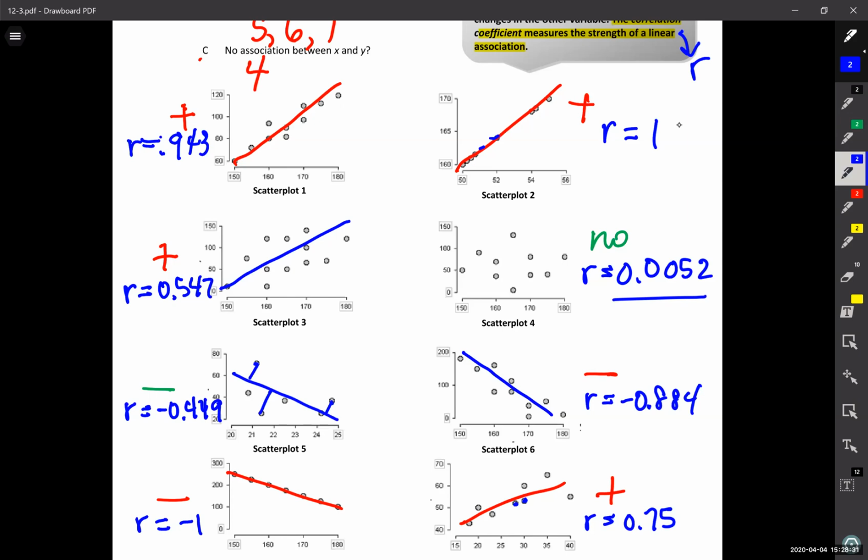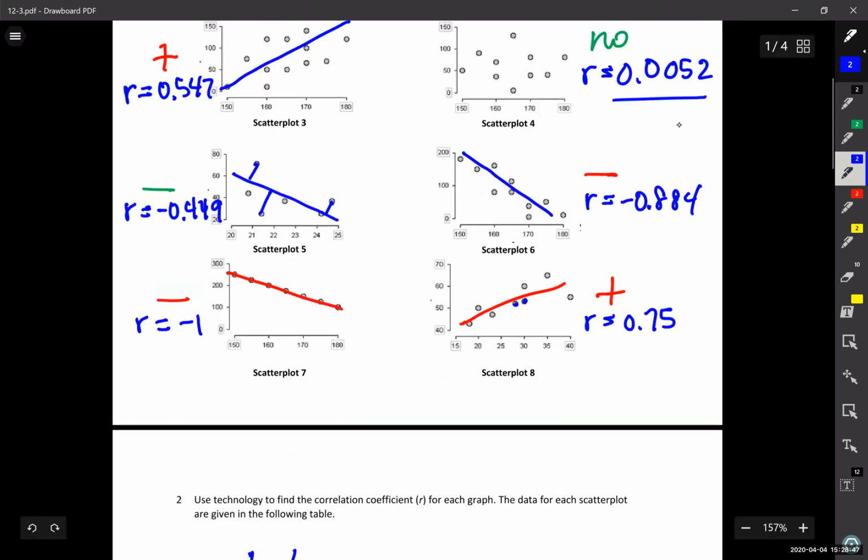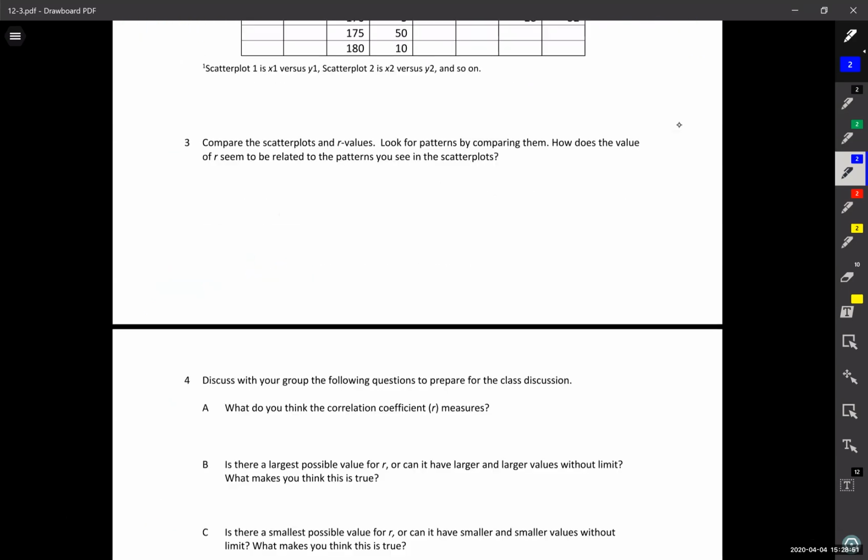So number 4, what do you think the correlation coefficient R measures? So the R is measuring, and I've said this a few times, how strong the linear association is. It measures the strength of the linear association.